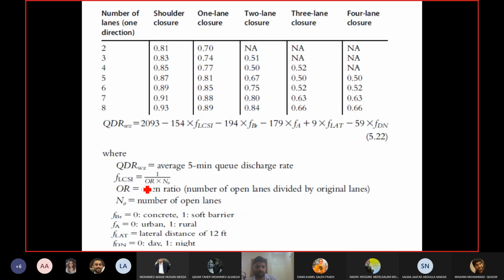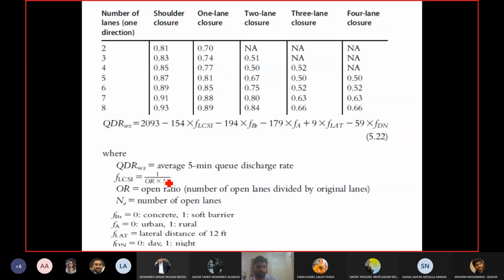OR is the open ratio: the number of lanes which are open with the work zone, divided by the actual number of lanes. So if you had 3 lanes and because of the work zone 2 lanes are open, the open ratio will be 2 upon 3. If you had 3 lanes and 1 lane is open, the open ratio will be 1 upon 3. N naught is the original number of lanes.